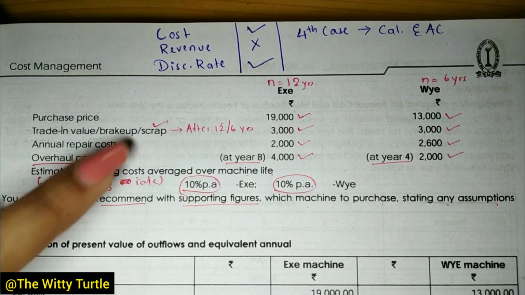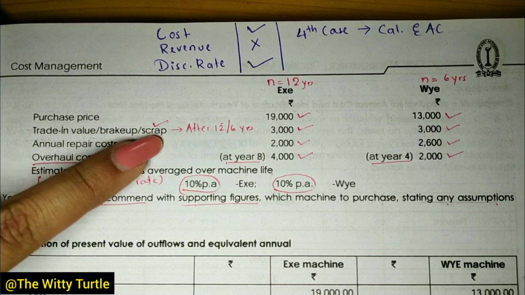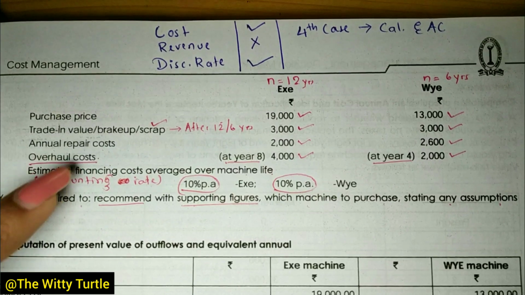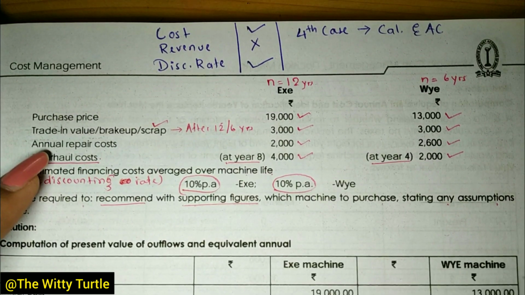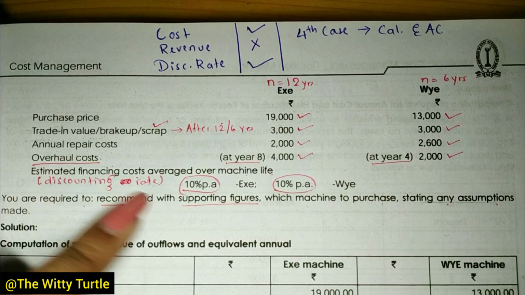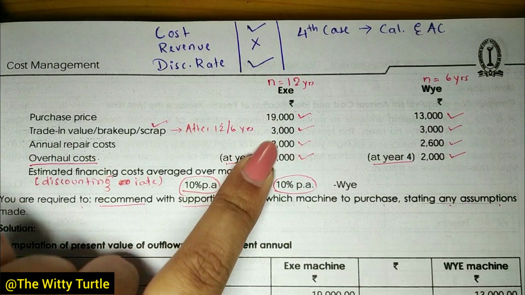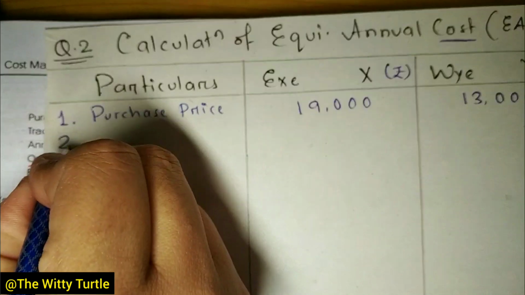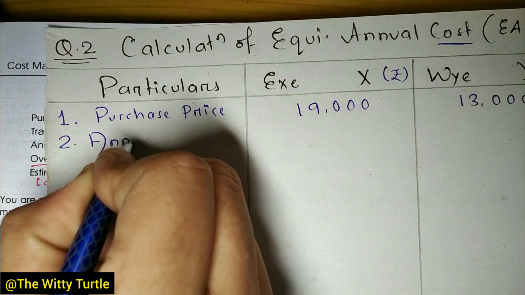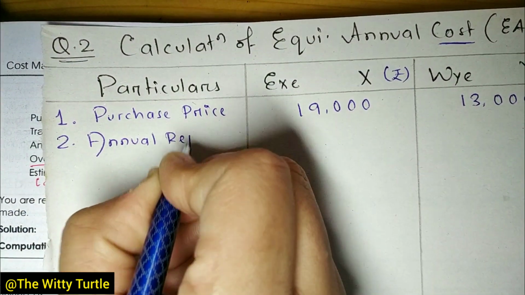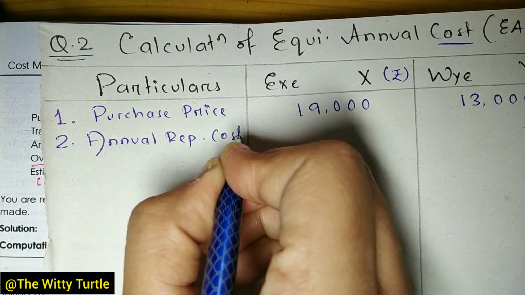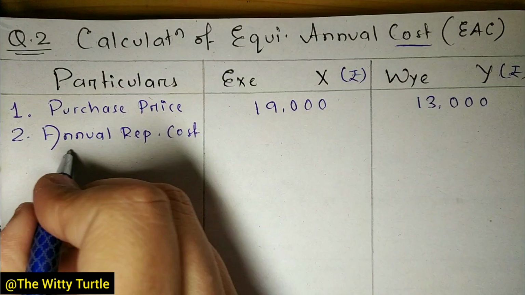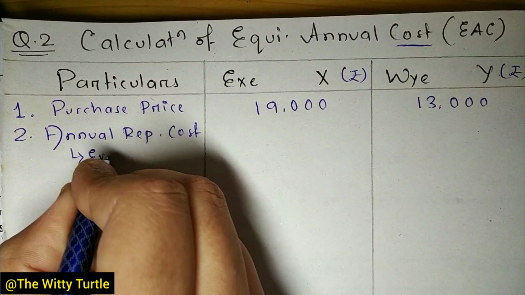Next, what has been given to you? Scrap is given, but this scrap we will reduce at the end. Okay. Now what is the next cost that is given to you? Annual repair cost. Annual repair cost is given to you as 2,000 and 2,600. Annual repair cost means this cost will be incurred every year, right?